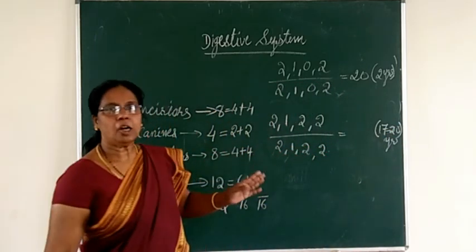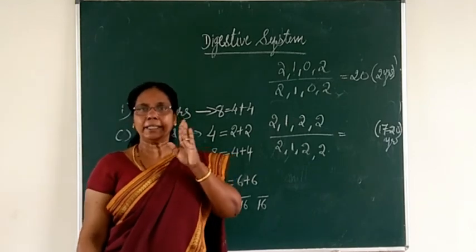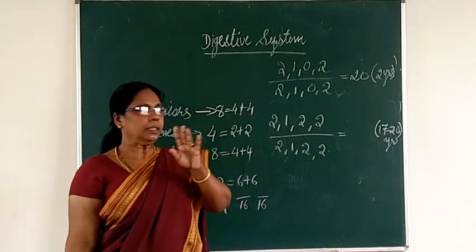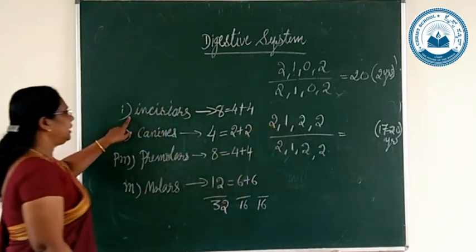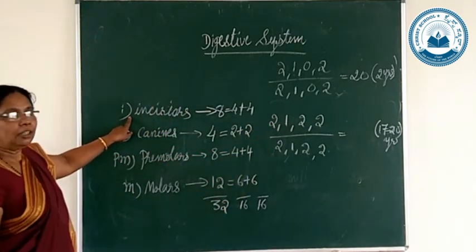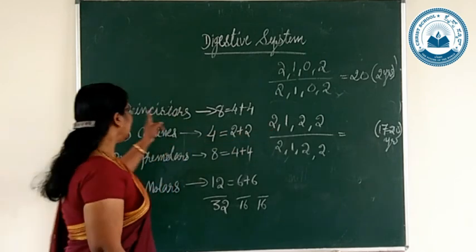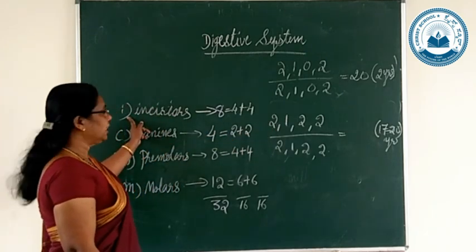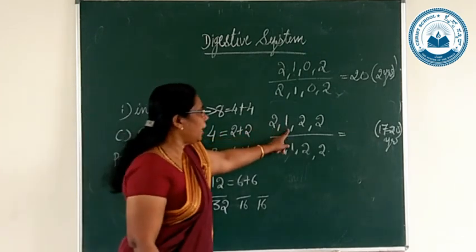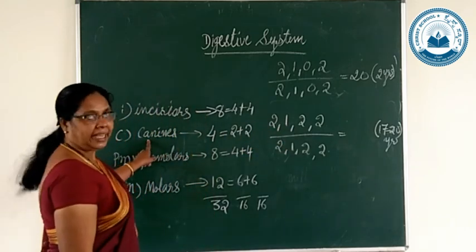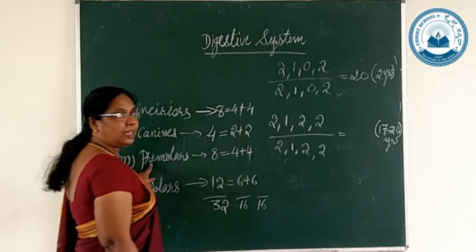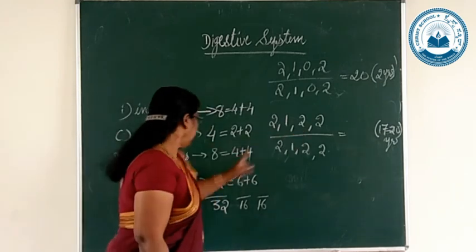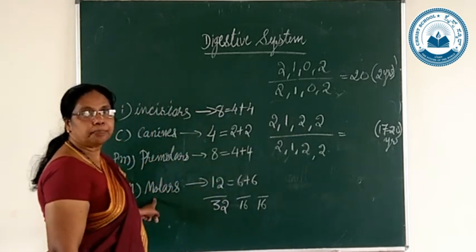Here also, this is about one side only that we are showing. First two, already I told you, is nothing but incisors. Next one is canines. And the next two are premolars. And the last two are molars.